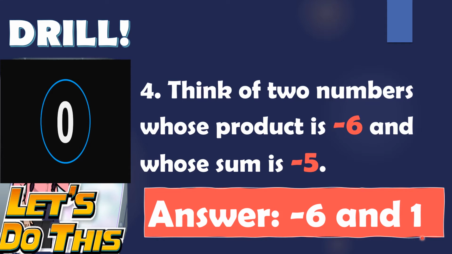So negative 6 times 1 is equal to negative 6. Tandaan, pag nag-multiply ng unlike sign, negative ang sagot. Negative 6 plus 1 is equal to negative 5. Kapag magkaiba ang sign at nag-add tayo, subtraction ang gagamitin natin na operation. And then gagayahin natin yung sign na may mas mataas na absolute value.